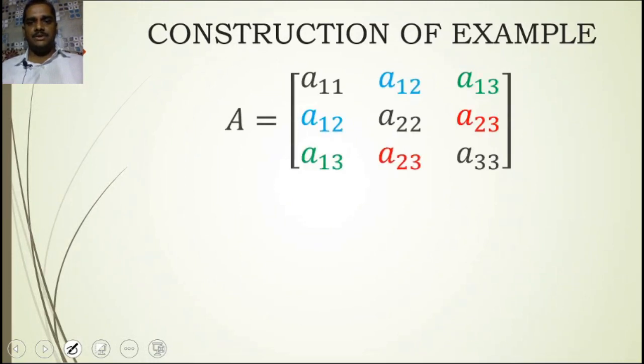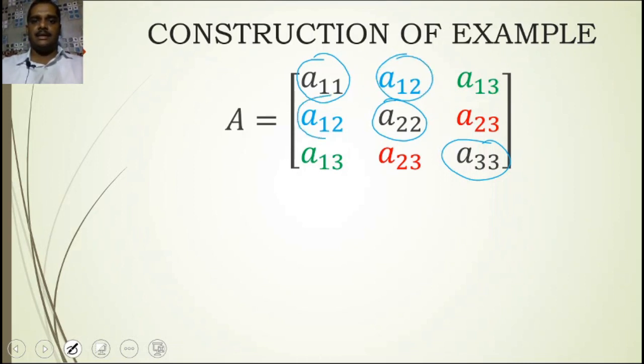Here I have used a different color combination to explain the same thing. First of all, I have used black to denote the diagonal entries, because there is nothing special about them. We can have anything on the diagonal. After that, these two elements are of the same color because they will match. And these elements are of the same color because they should match.